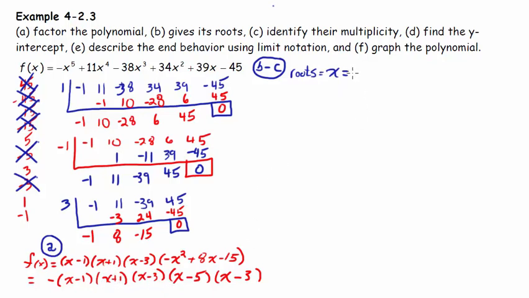So that would be negative 1, 1, 3, and 5. Okay, so we only have 4 roots, but this 3 here is going to be a double root. Okay, and then the others are single roots.